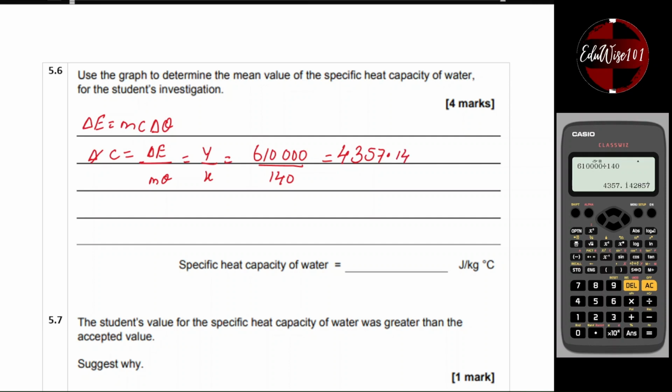I can round it off to 4,357 joules per kilogram degree Celsius. As long as your answer is between 4,200 to 4,800, you will get all 4 marks. Question 5.7.